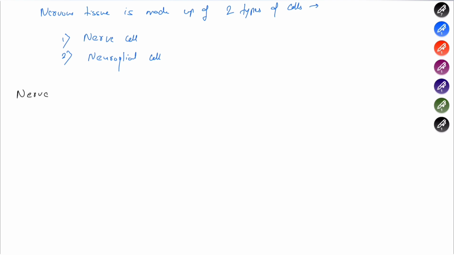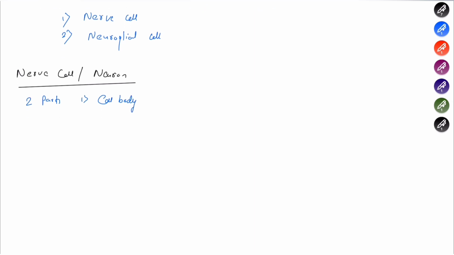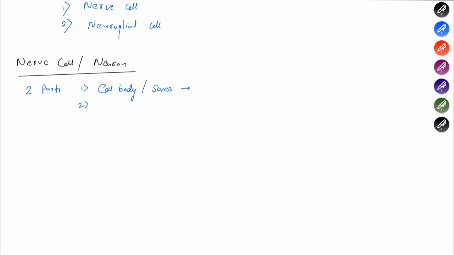It has two parts. The cell body, also known as soma, and the cell processes. There are two types of process we can see in the nerve cell.